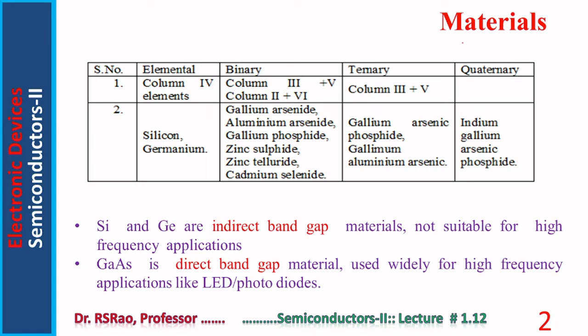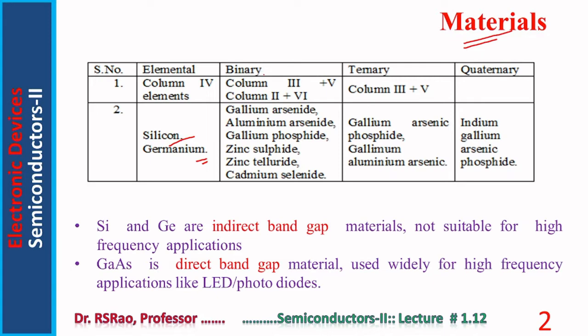We begin the session with properties of widely used semiconductor materials for the fabrication of electronic devices. We begin with elemental materials like silicon, germanium. These two belong to column 4 in the periodic table. Next, we move to binary composite semiconductor materials.